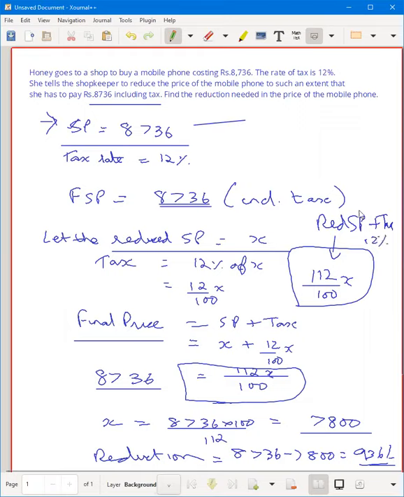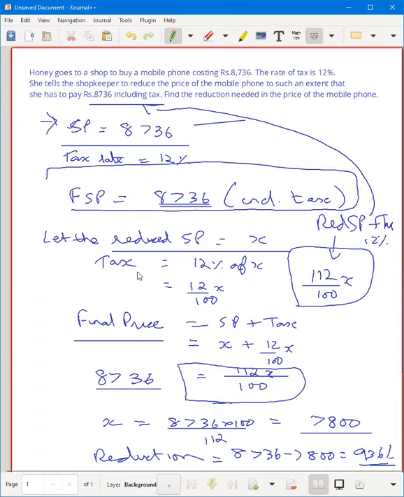But isn't this also equal to this price that she's willing to pay, 8736? We said that we need to reduce the price so that 8736 includes the tax. So if I take the reduced price as X and I add the tax, the reduced final price is 112 by 100 X, which is also equal to 8736 because this is the amount that she's willing to pay, isn't it?